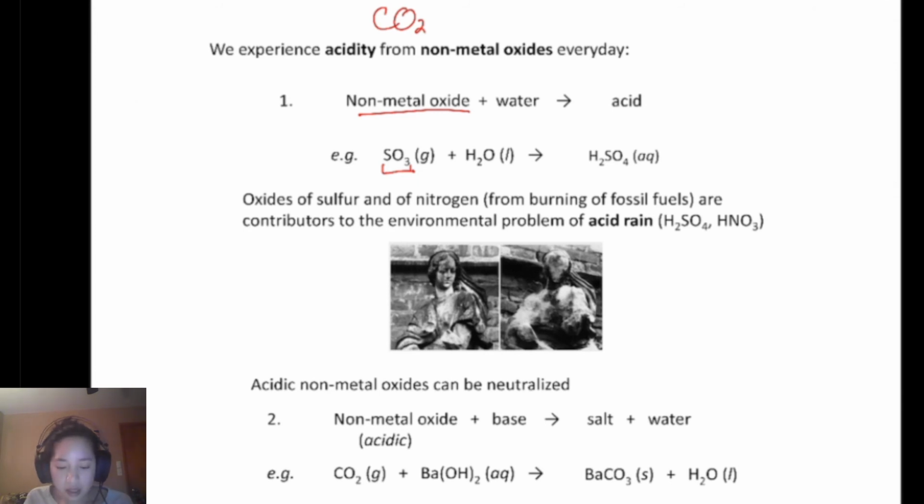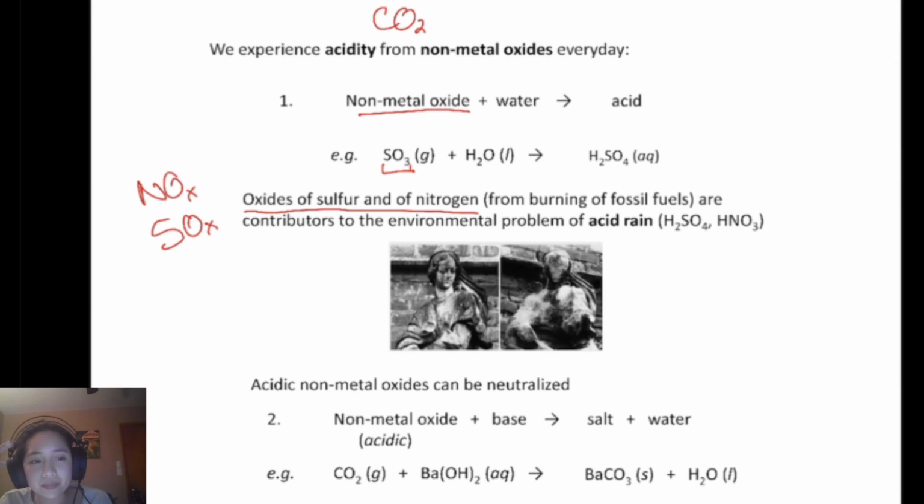Oxides of sulfur and nitrogen typically come off as we drive our cars, off of our exhaust pipes. So like NOx and SOx. These oxides of nitrogen and sulfur come off of our car exhausts.